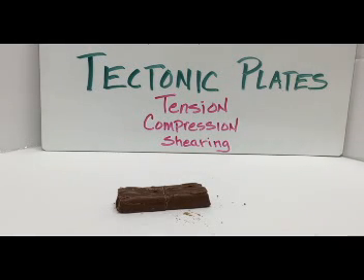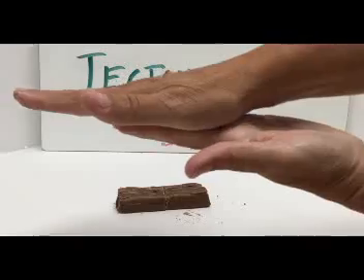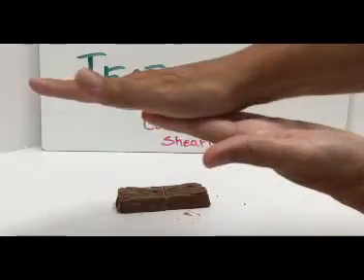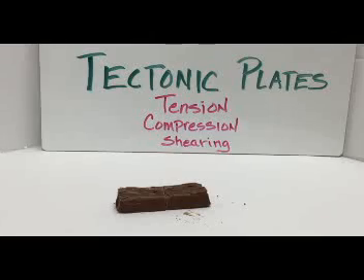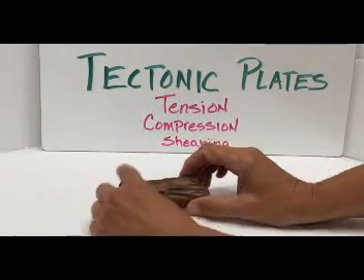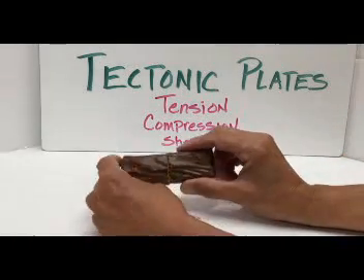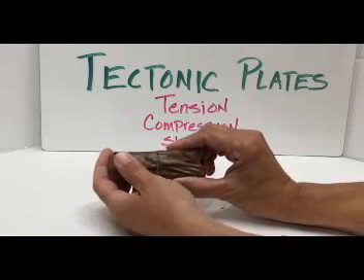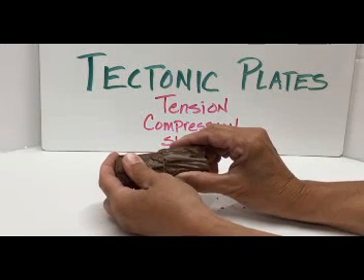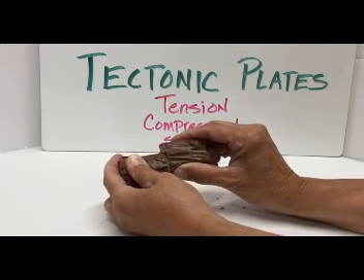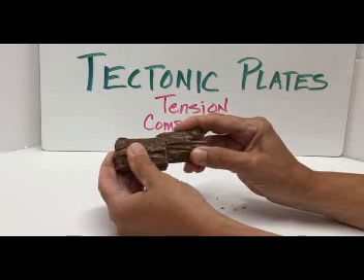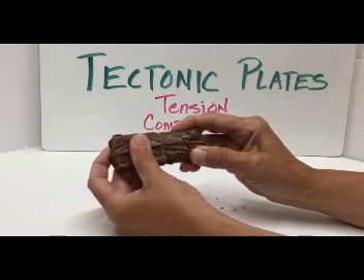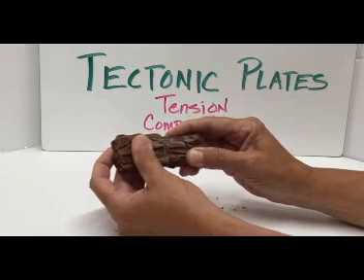Shearing means when things pass across each other. So we're going to use our candy bar to explore shearing. Shearing means that our two pieces would have to move across each other. And I'm just looking at what's happening to my chocolate, to my candy bar.